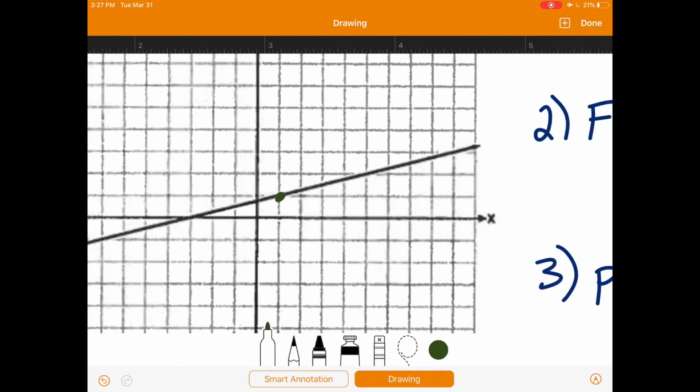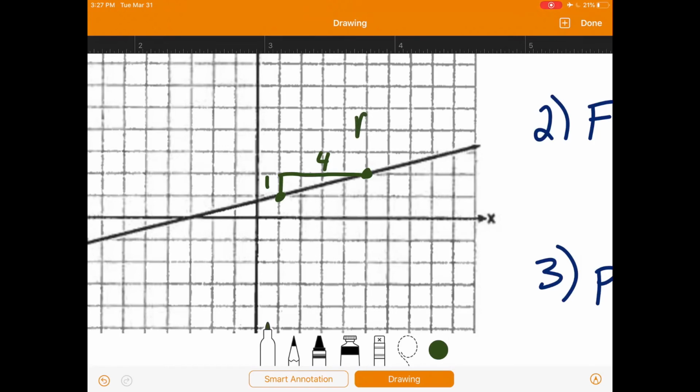And we also want to figure out the slope. So the slope for this, we're going to find another point that is on one of those little cross spots. So I'm going to choose this one. You could also choose this one, that works too. But if we were to choose the first ones that I went with, we're going to go up 1 and over 1, 2, 3, 4.